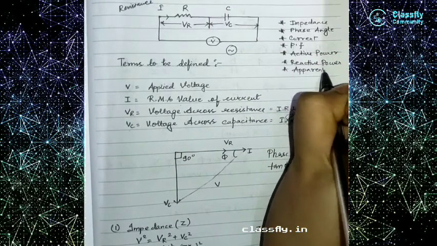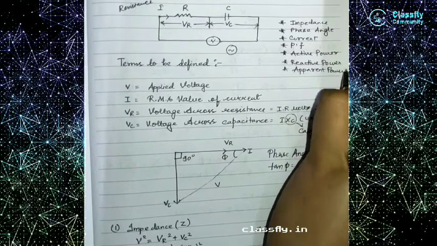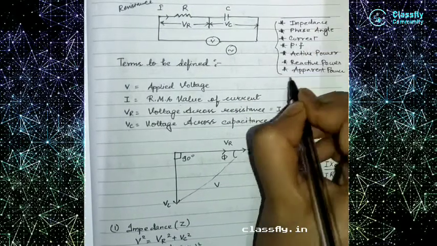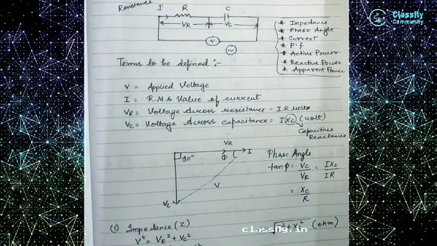So from this simple circuit we have to find all these 7 points. One by one we will do.